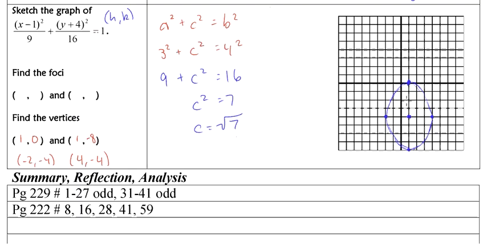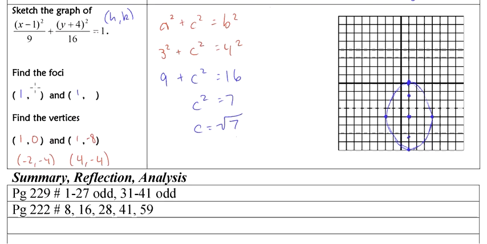So the x value for both foci is going to be 1, and that's not changing. But from the center, we'll be adding the square root of 7, which is somewhere between 2 and 3, because 2 is the square root of 4, and 3 is the square root of 9. So we're going to go up 2 but not quite 3, and down 2 but not quite 3.